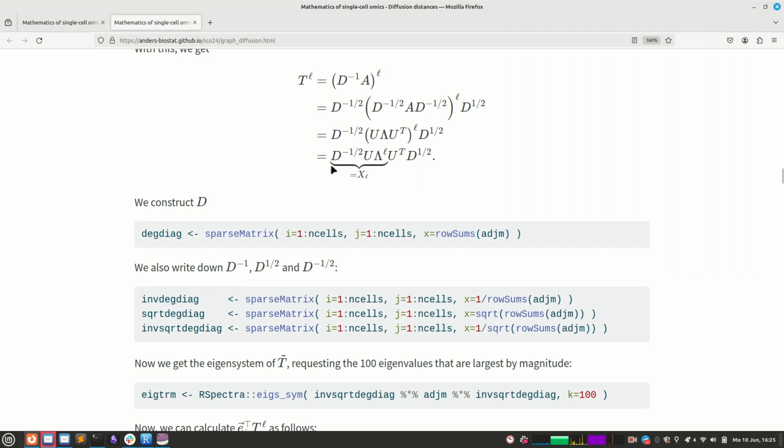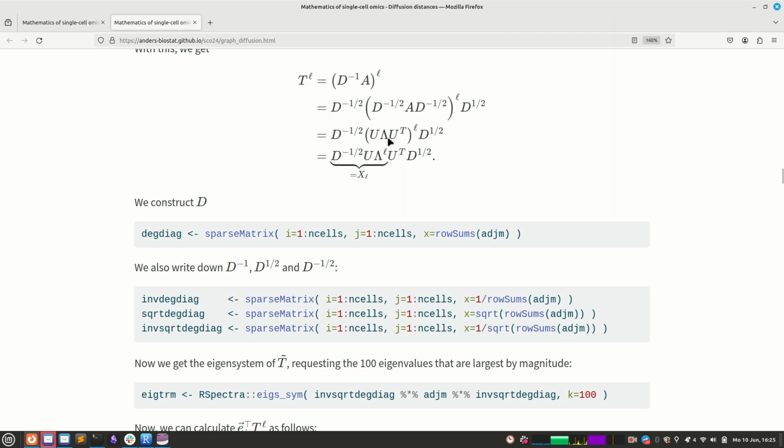We call this part here X_L, remembering that I come in from the left with my matrix, so I first multiply by this and then by this, and I call this X_L, and then comes the U transpose on the right.